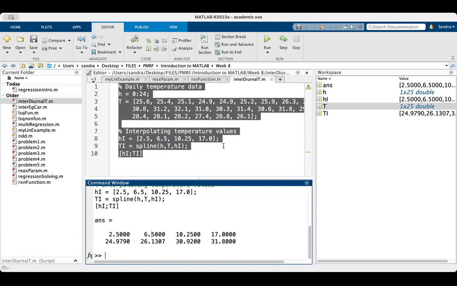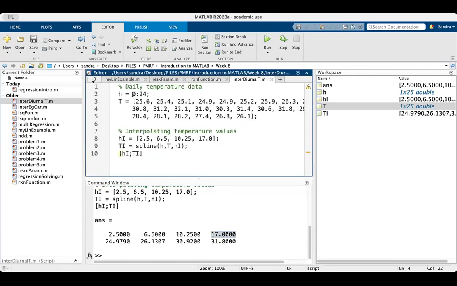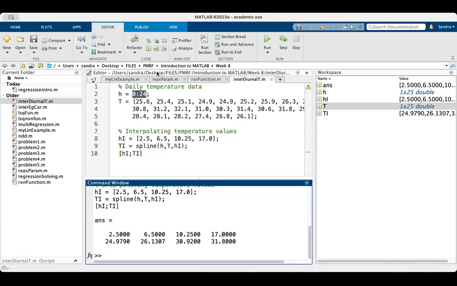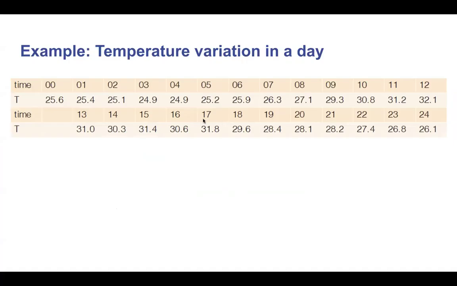Now, if you want to confirm the answer, you remember the 17th hour will be there in our data set also, since we have 0 to 24. So let's compare to the table. The data value at the 17th hour is 31.8. Let's confirm if you are getting the same answer.